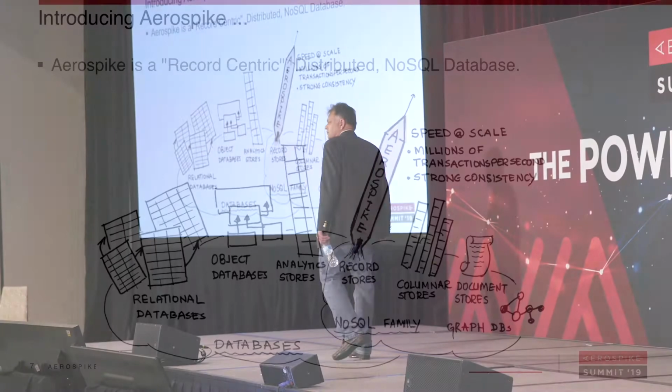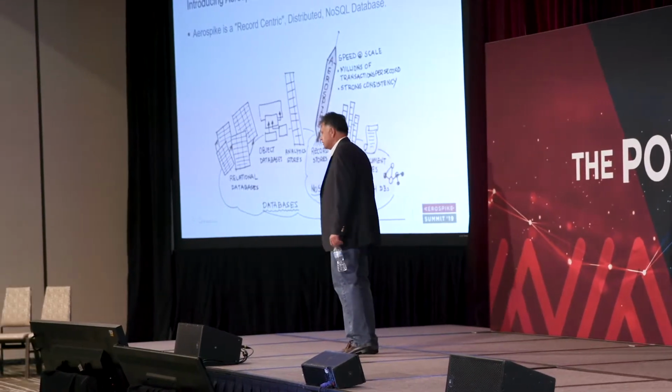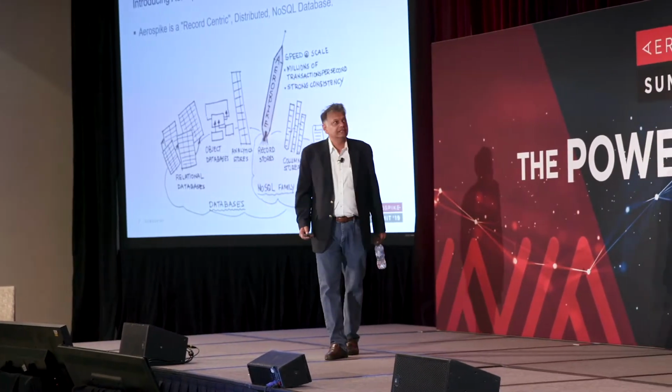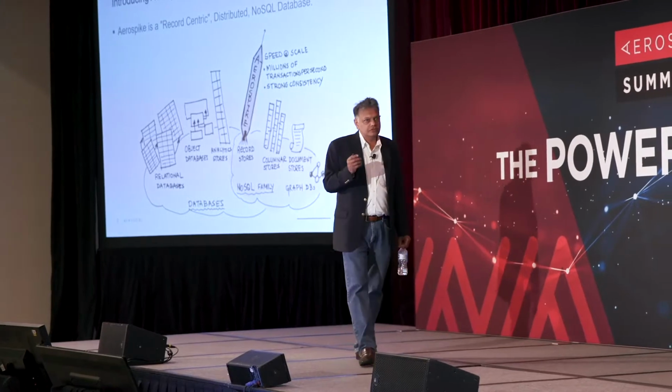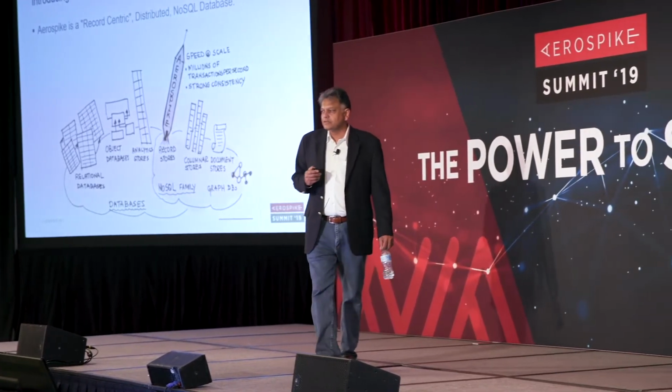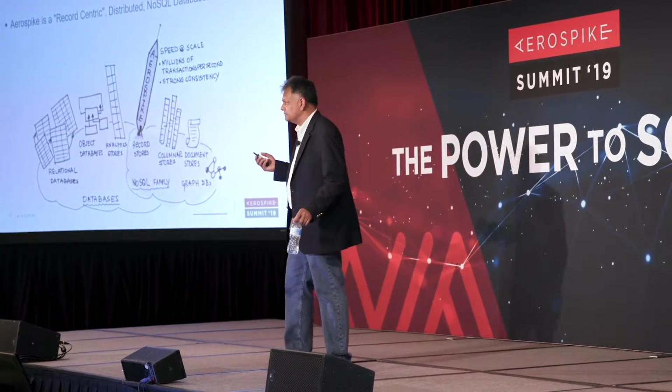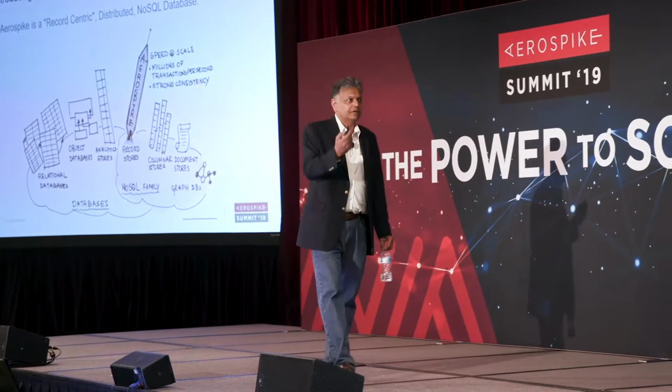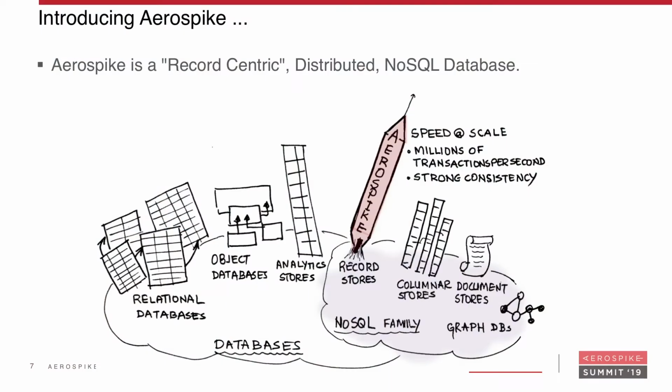So Aerospike, as we say, is a record-centric distributed NoSQL database. This, as opposed to relational databases, which are table-centric. So we always think in terms of a record in Aerospike. In the whole spectrum of databases available, you have object databases, analytical stores. In the NoSQL world, you have columnar, document, graph databases.